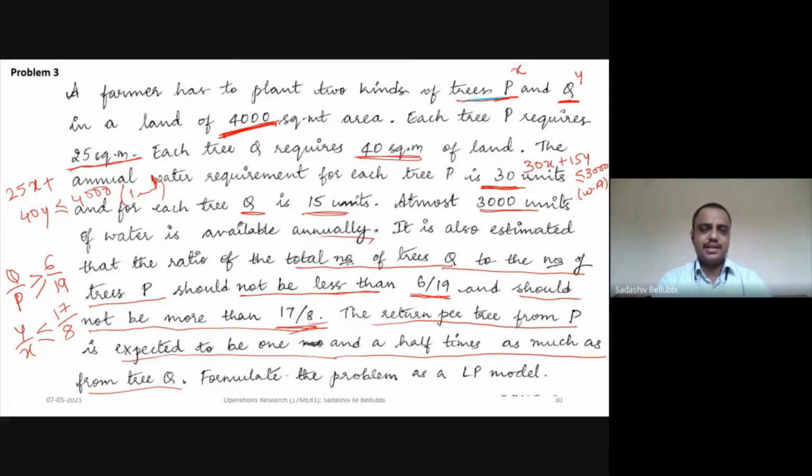What are they indicating? Can you message whether it's maximization or minimization?